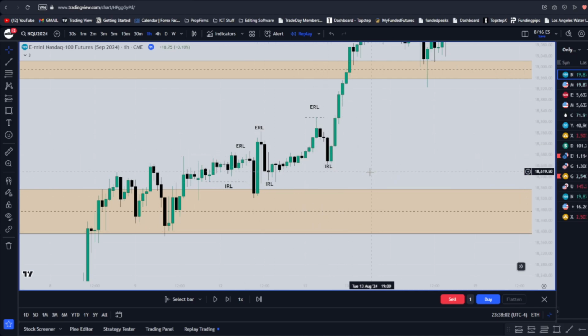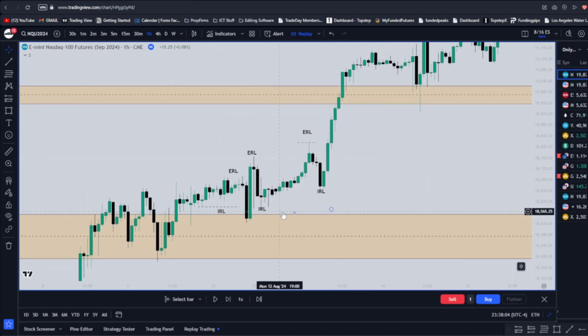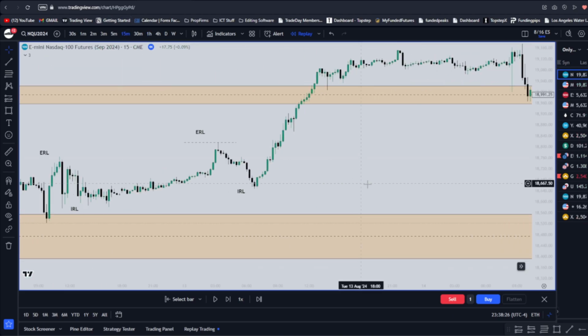We've already mapped out that the week is bullish, and you could see from this respect and all the other things I mentioned, okay, well, we're bullish, we're sweeping internal range liquidity, we're going to be targeting external range liquidity. Okay, well, where can we find an entry in here? Okay, so let me go kind of deeper into this.